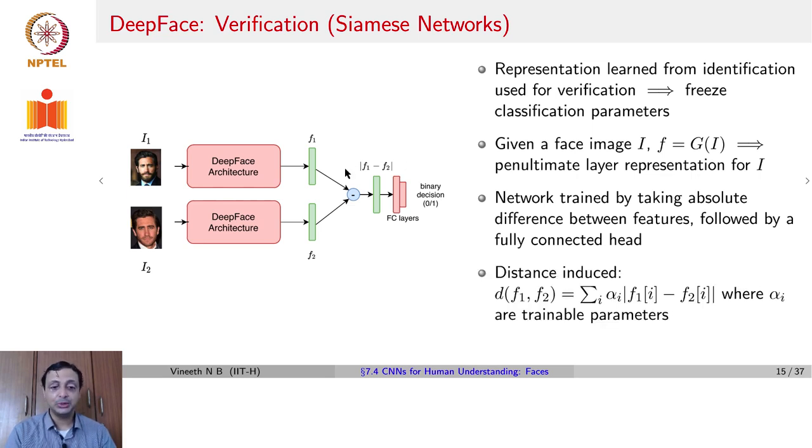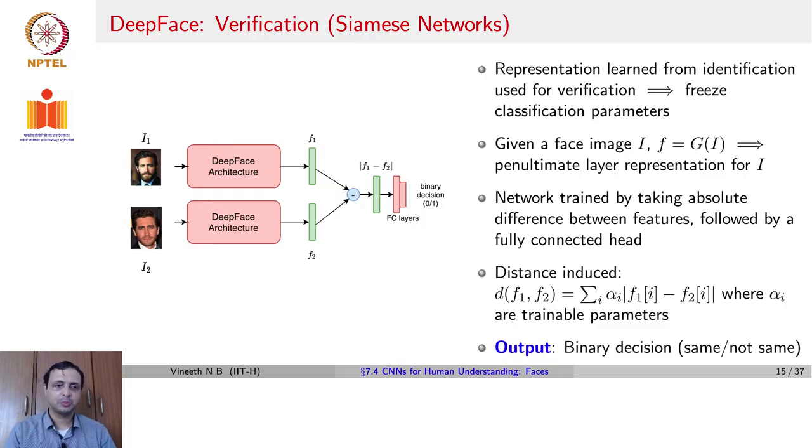So the distance induced in this particular scenario is the absolute difference of F1 and F2, times alpha, where alpha is a weight learnt in this particular layer, and the final output is then a match or a not match, or a same or a not same.